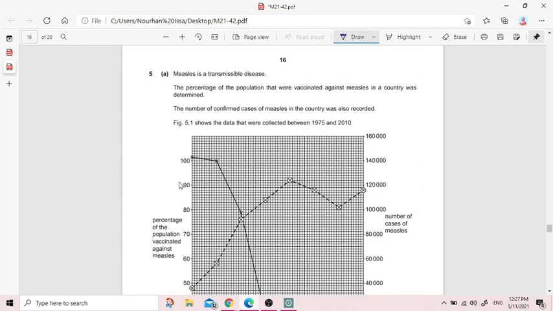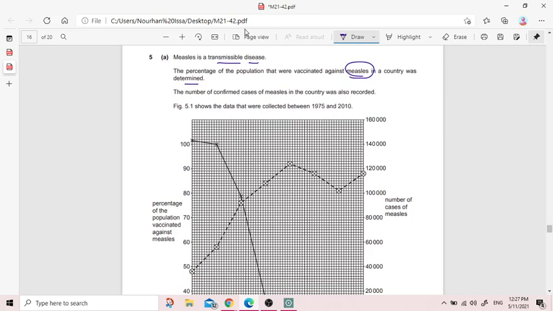Question 5. Measles is a transmissible disease. What's the meaning of transmissible? It is caused by a pathogen that can be transmitted from one person to another. The percentage of the population that were vaccinated against measles in a country was determined. The number of confirmed cases was also recorded.